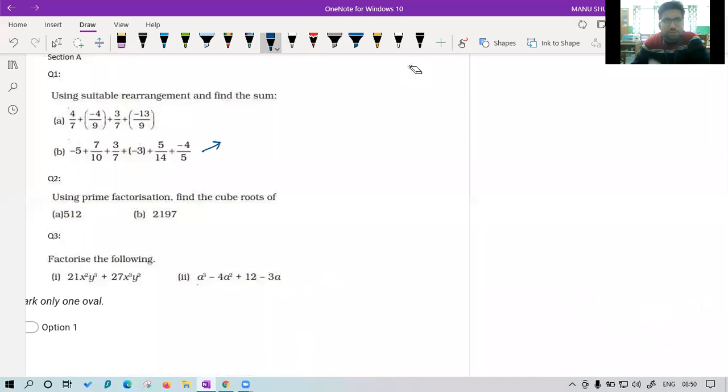So this question class, again we will see which terms are like terms that we can set. The exam will be half objective and half subjective or objective only. It will be objective only, don't worry. So we have minus 5 upon 1 plus 7 upon 10 plus 3 upon 7 minus 3 upon 1 plus 5 upon 14 minus 4 upon 5.